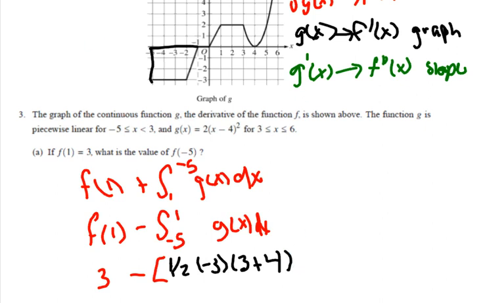Okay, and then we have this piece here that's positive. Right here is 0, but then from 0 to 1, we've got a positive triangle. So plus 1/2 base times height, so 1 times 2.